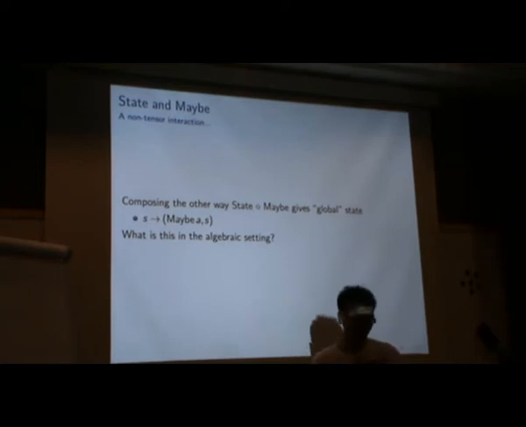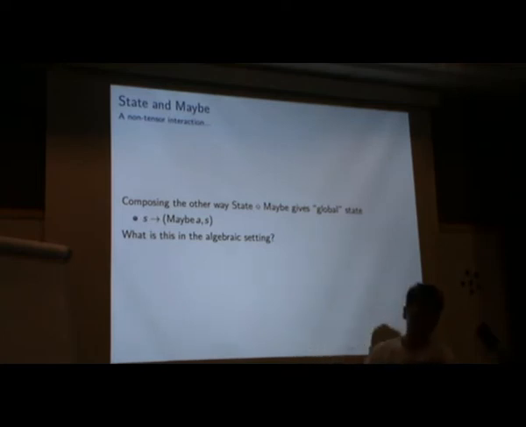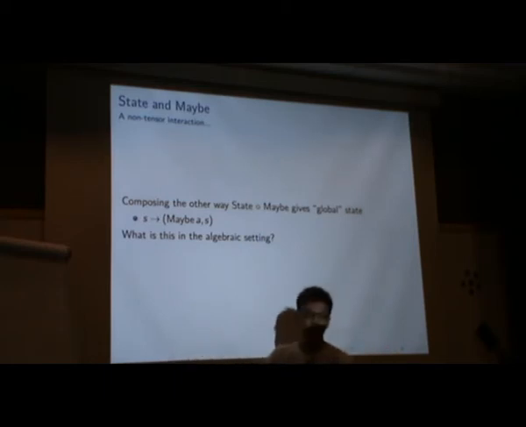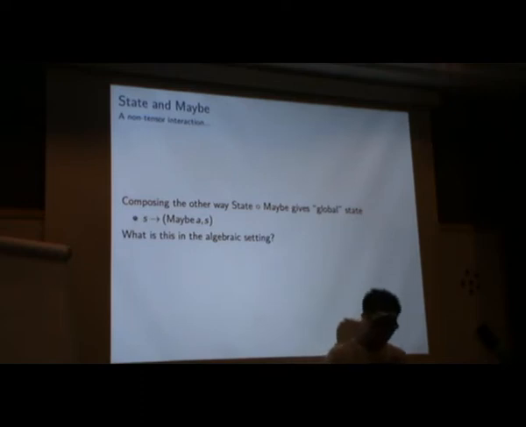So interestingly, if you compose them the other way around in terms of monads, you get a different kind of behavior, which you can think of as global state. So in this case, if you did get a fail in computation, any changes that you did make to the state will also be emitted as well. So in the monadic setting, this is just simply composing the functions in a different order.